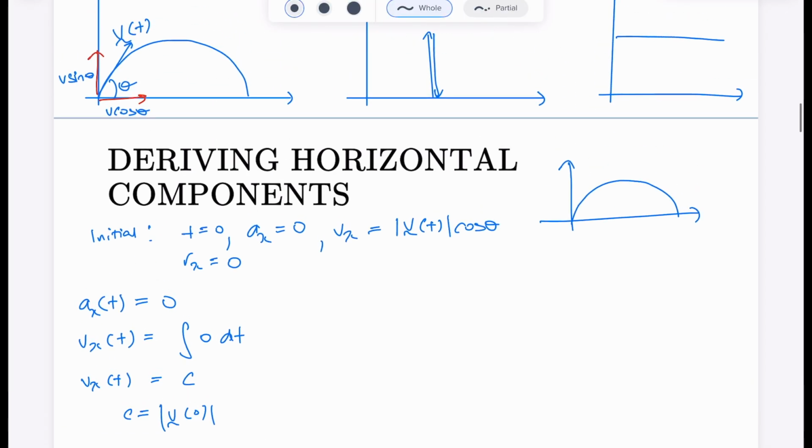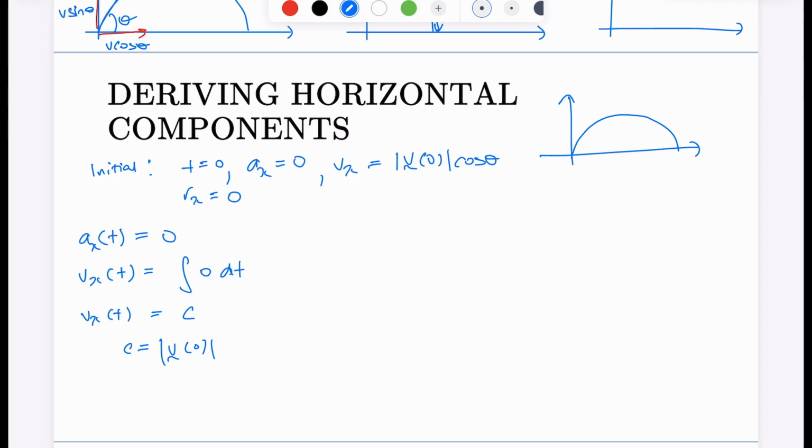Well, I've actually made a slight mistake. Going back to here, this isn't actually v of t, it's v of 0, because this is referring specifically to my initial velocity, which would be at time 0. So I have the magnitude of my initial velocity multiplied by cos theta. That's my c value.